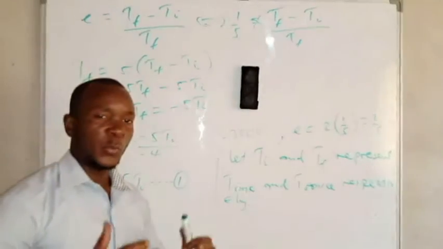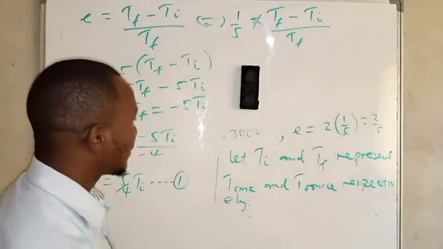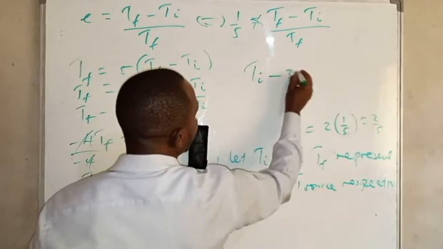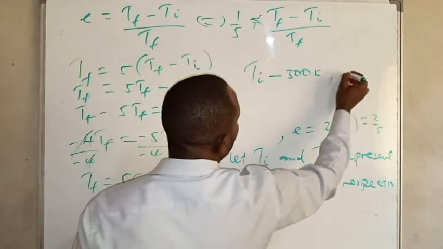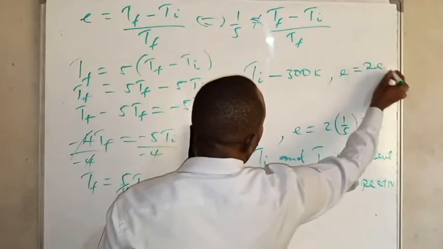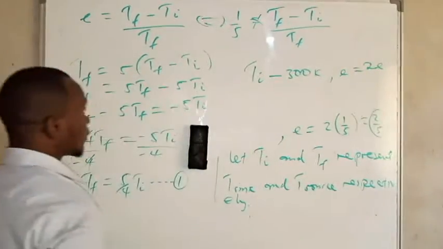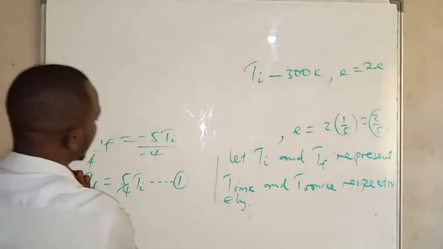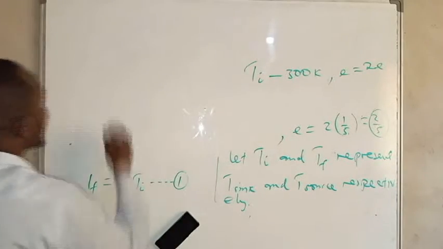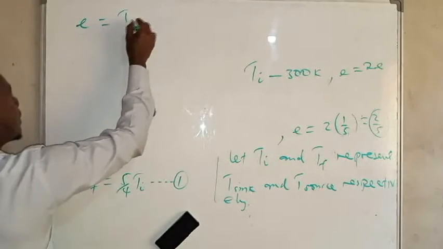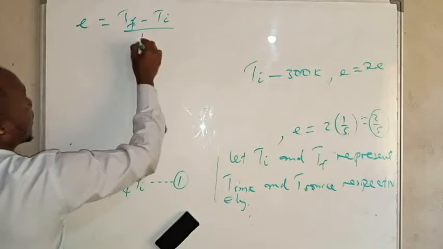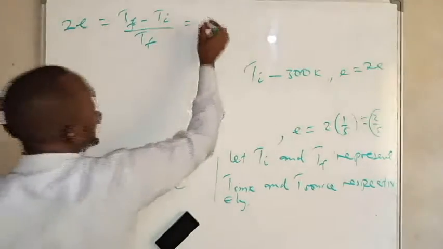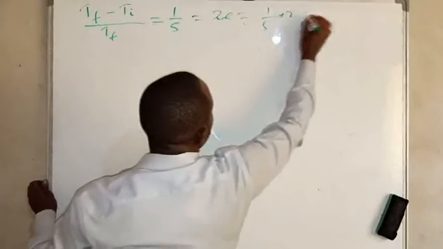Now, when the temperature of the sink, Ti, is reduced by 300 kelvins, the efficiency doubles. So the efficiency is Tf minus Ti over Tf, and when it doubles, we are going to have 2 times 1/5, which will be 2/5.